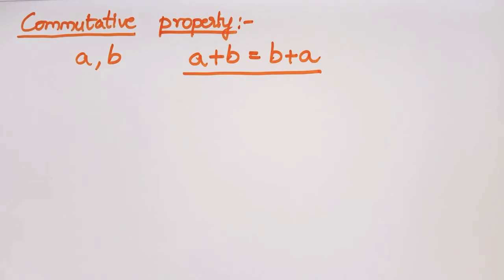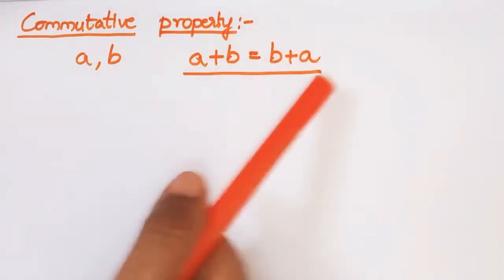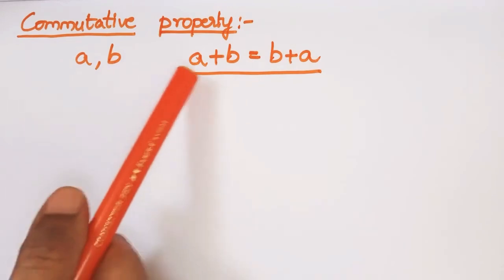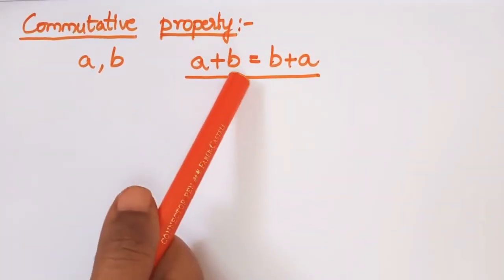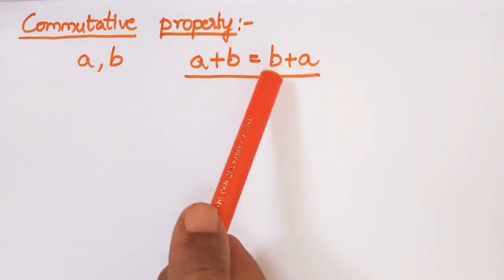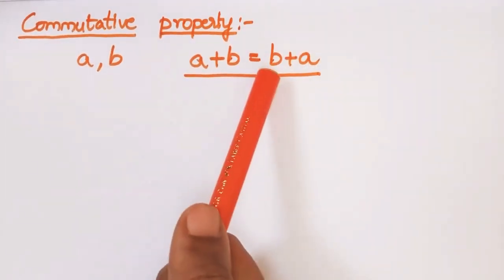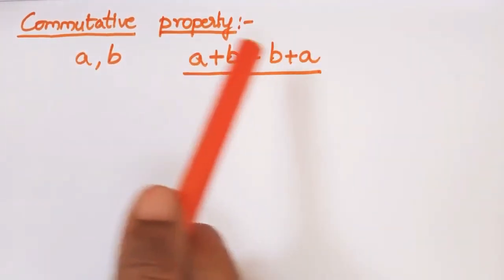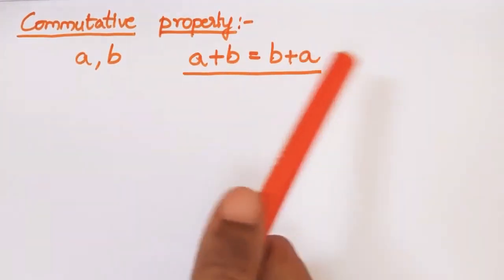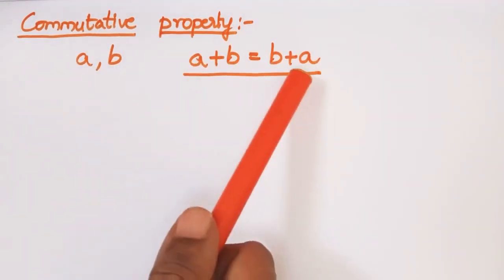Both the results should be equal, irrespective of the order of addition. See, firstly you are adding A and then you are taking B here, whereas here you have changed the order of the numbers. Firstly you are taking B, then you are adding A. Still the result must be equal on both sides, that is LHS and RHS.